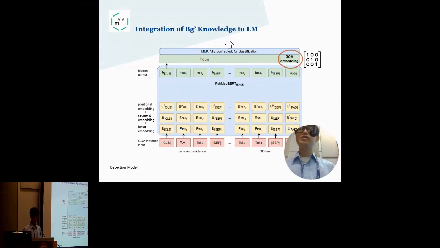We also propose a method to modify the BERT language model to pay more focus on the biological concepts mentioned within the literature text, for example, the mentions of the genes or the mentions of the GO terms and so on. This is achieved by introducing an entity embedding layer to encode the location of these concepts recognized by the concept recognition model.